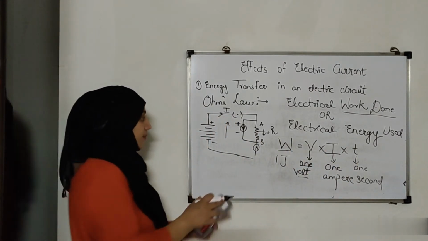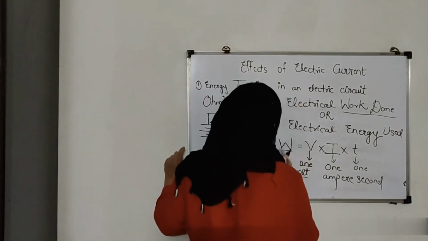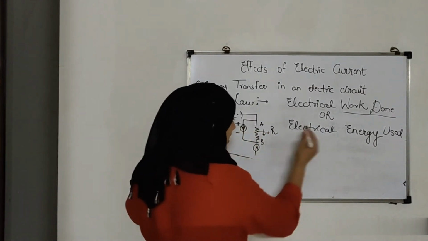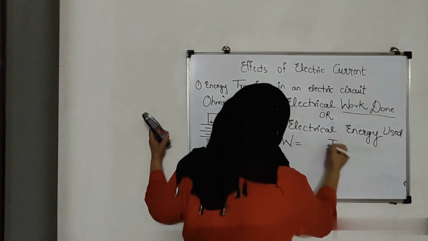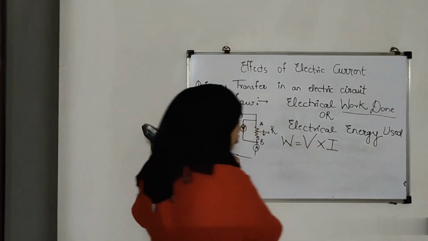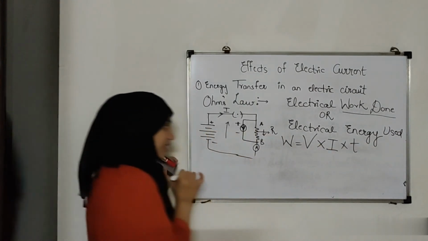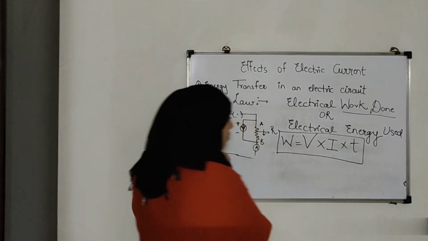Very important. Now I can describe my electrical work done as electrical energy used, when a current I is flowing across a potential V in time T. This is my electrical energy used formula.